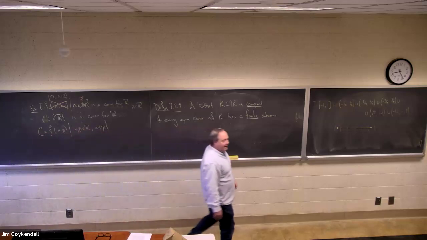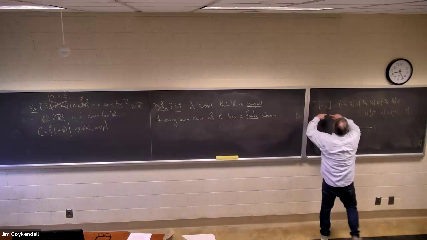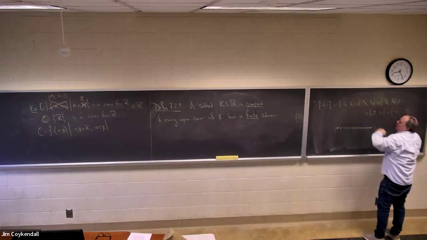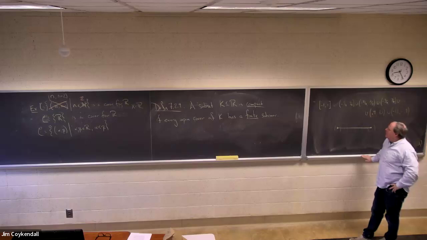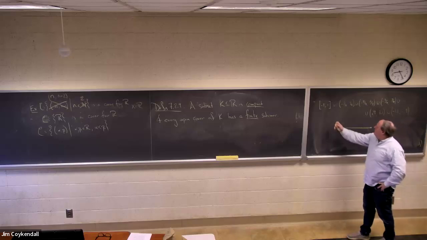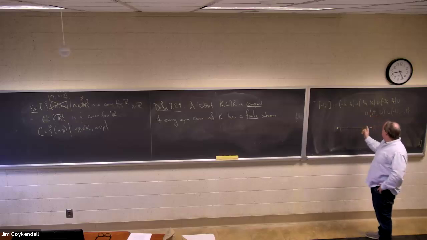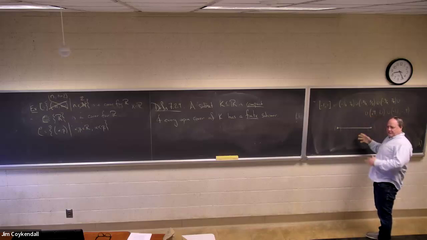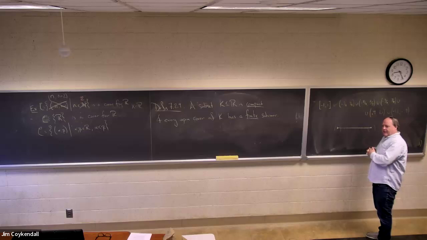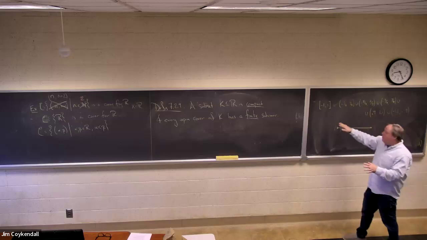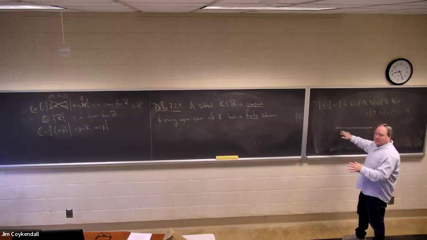The original with the open intervals here was a cover of the interval from -1 to 1, not including the endpoints, that had no finite subcover. Couldn't do it. Notice though, this one here, when I threw in those extra ones, you have to have a finite subcover.